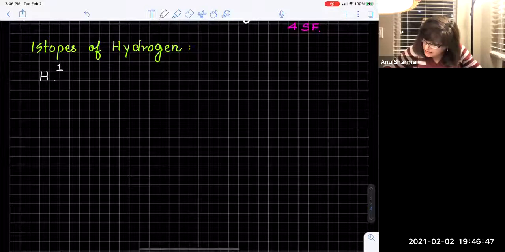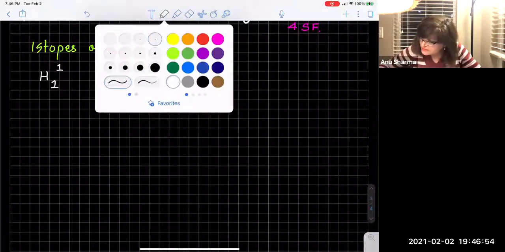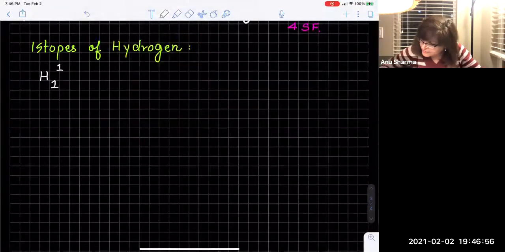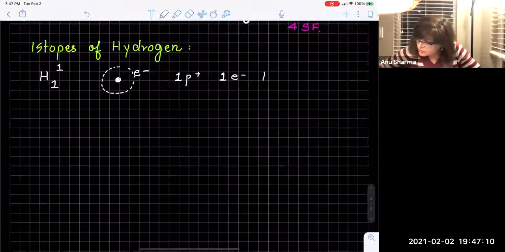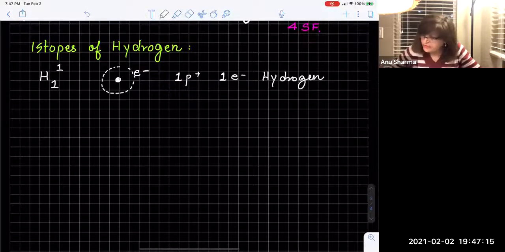The mass number is also 1. So that's for the hydrogen. So this means this hydrogen will have 1 proton in the middle and 1 electron around it. So this is a common hydrogen, more abundant, normal hydrogen.